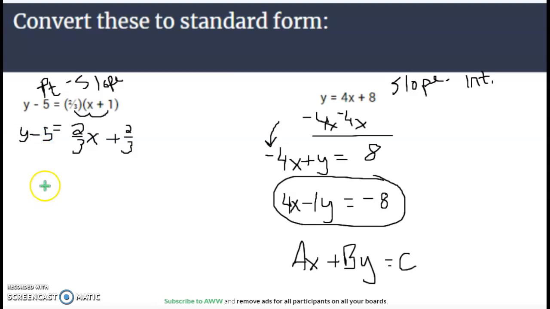I need to move the negative 5 to the other side, so I'm going to add 5 to both sides here. And combine like terms is what I have. Y equals 2/3 x plus 5 2/3.